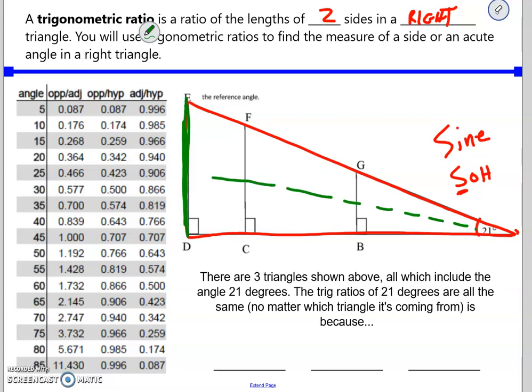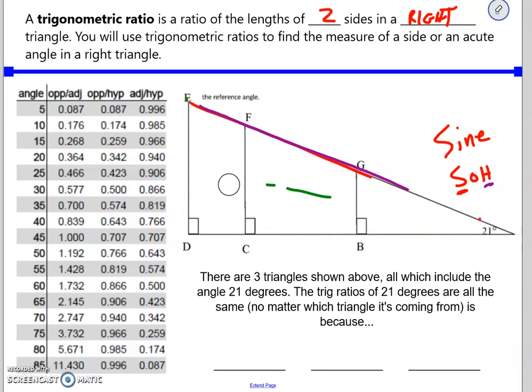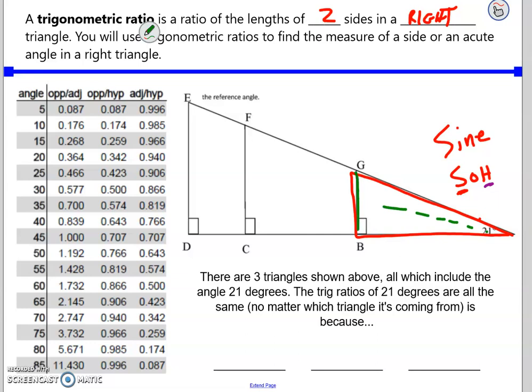It'll be this side as my numerator, and I'm comparing that to my hypotenuse, which would be this side. Okay, I could take that, and that would be the sine of 21 degrees. That would be no different than if I decided to use one of those smaller triangles. Let's do this one. And I decided to pick out the opposite side and compared it to the hypotenuse here. I would get the exact same ratio.